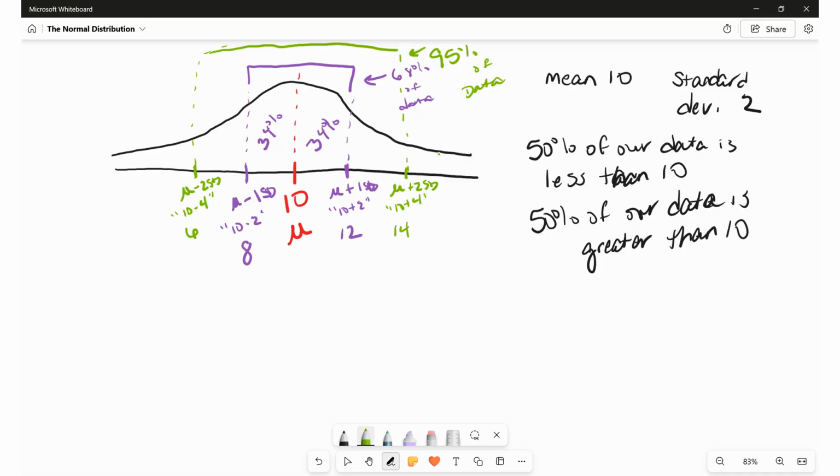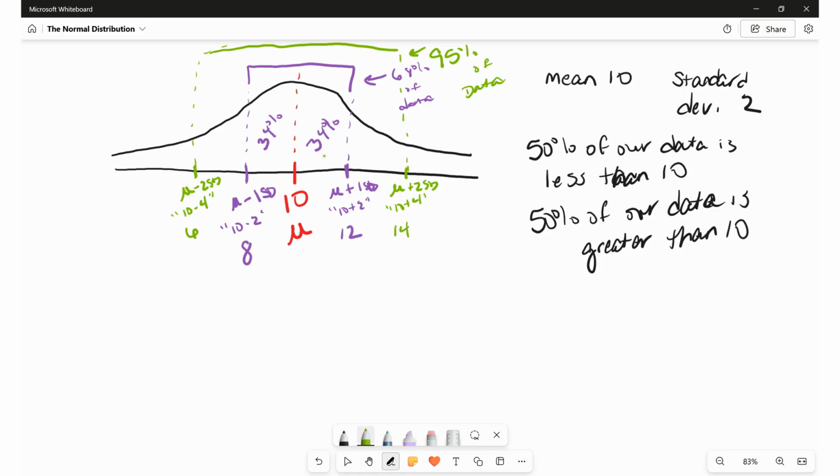So when we break that down into what that really means for percentages, because this is going to be important when we get into that. Well, half of 95 is 47 and a half.